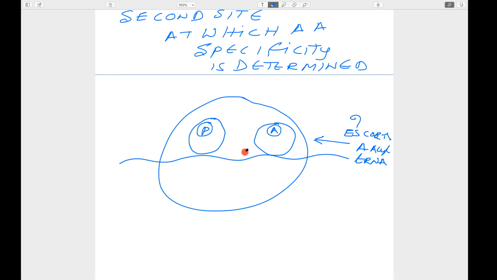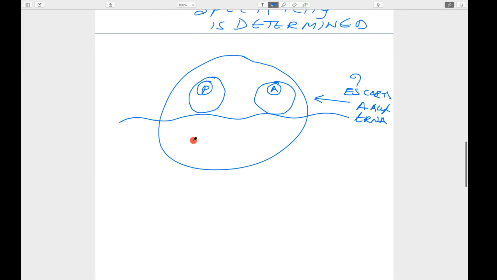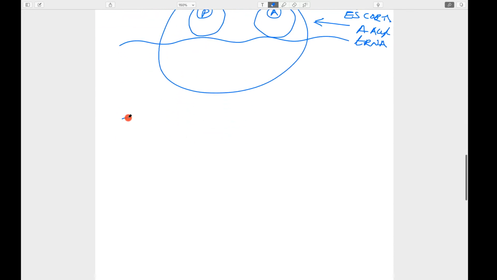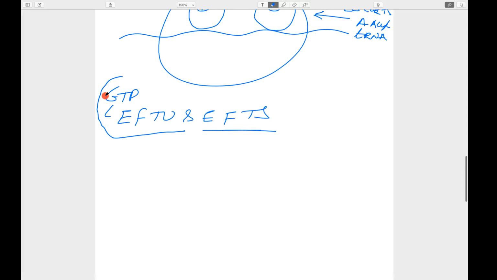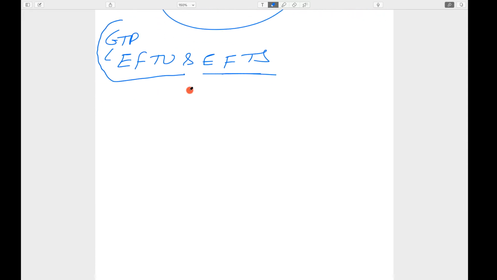The escorting protein complex is EF-Tu, EF-Ts and GTP. The main thing is the GTP and EF-Tu, and EF-Ts is for the regeneration of this complex. How does this take place? Let us see.